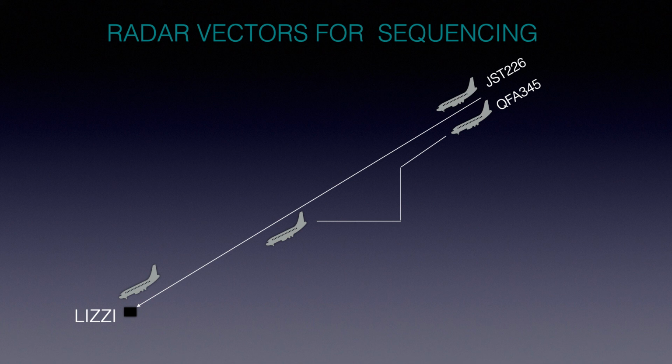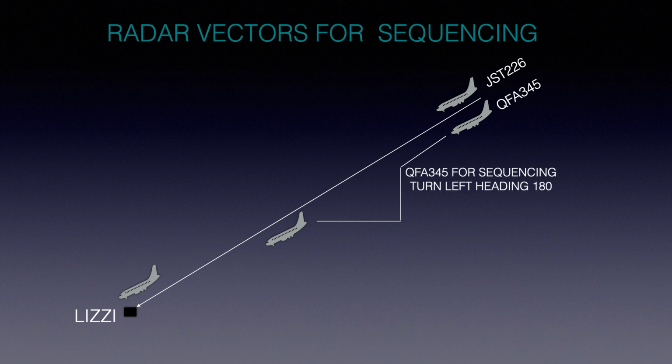Okay, so picture this. You've got 2 aircraft, and more often than not, milk run one day, all sorts of things happen. You've got Jetstar 226 and Qantas 345. They're basically on top of each other, even though they're vertically separated, and you think, well, I need to establish a sequence here. So, what would you say?